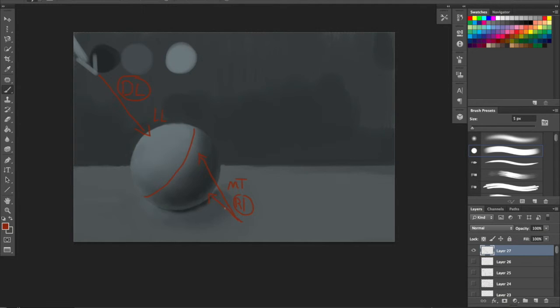So the core shadow will be in between your reflected light. So we have our core shadow. I'm going to put CS. And in the core shadow, we have our darkest darks.